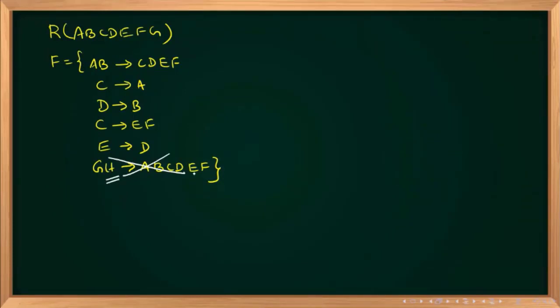But if H is there on the right side, also remove, no, not the entire FD. Why should you apply the decomposition rule? You remove that H alone. Since it is on the left side, you cannot remove that one, because only if it stands together can it determine. So you cannot separate it. You cannot apply decomposition. Okay. Do it.